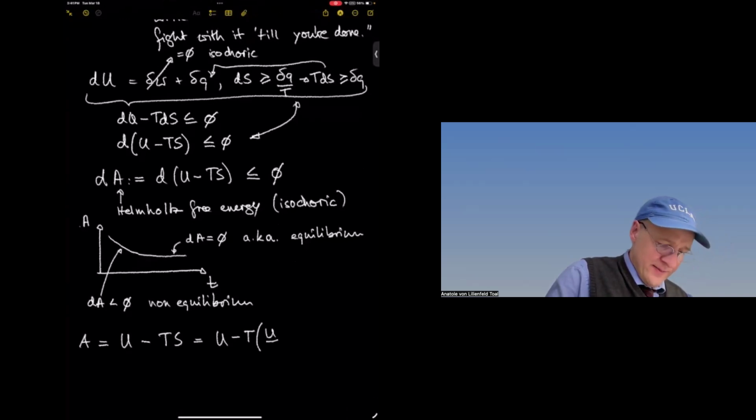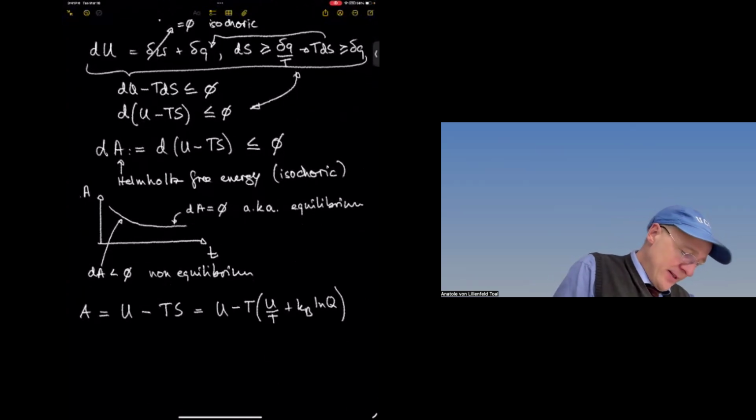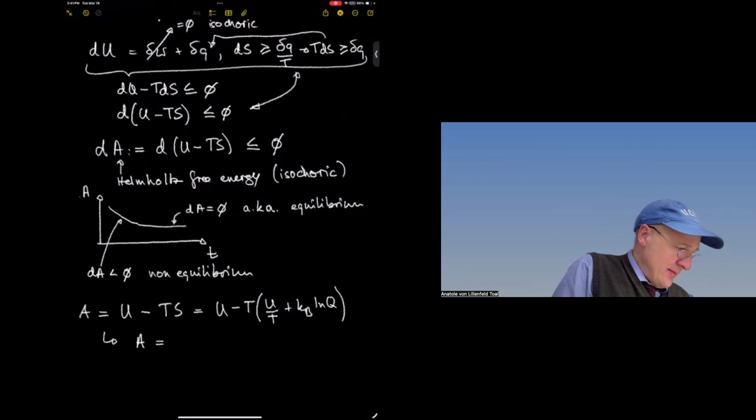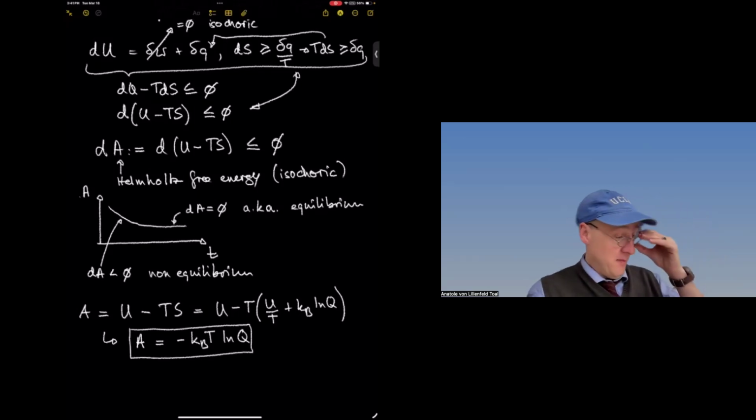U over T, that's nice. That's going to cancel. Plus kB log Q. In other words, your Helmholtz free energy is simply minus kB T log Q. Okay.